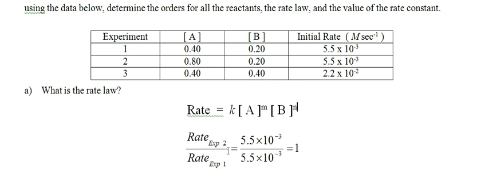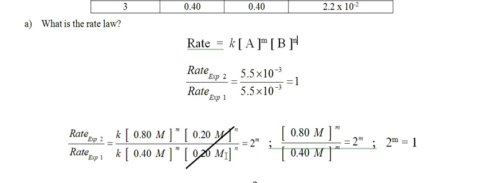Once I have what the rate is equal to, now what I want to do is plug in the concentrations for A and B. And let's cancel out anything that's alike. So the k's get canceled out as well on this, while the two concentrations that are 0.2 also get canceled out. So we're left with 0.8 over 0.4 to the m power.